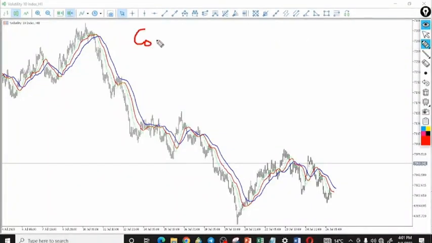The conditions of the strategy are that we want to see the alligator aligned in one direction, right?